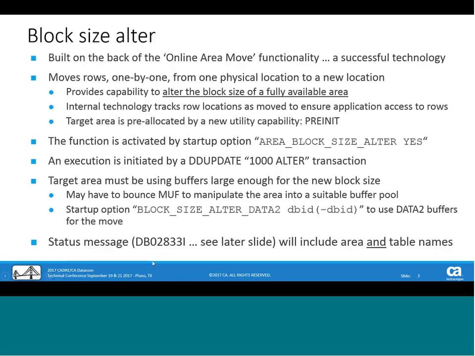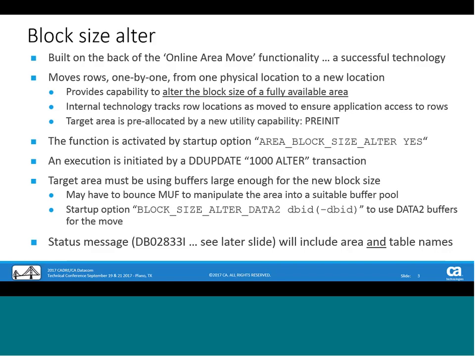Okay, so the target area must be using buffers that are large enough for the new block size. Consider you have an area that's blocked at 4K and currently residing in regular buffers, but you're going to reblock it to 32K. Obviously, that's not going to fit in a 4K buffer anymore. So you have to manipulate that area into 32K buffers before you even start.